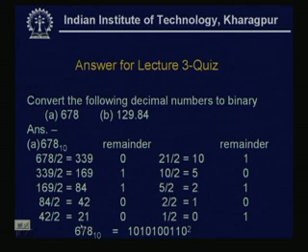This is 678 in decimal. We have to take the remainders in reverse, that means 1010100110. So, this is my answer in binary.